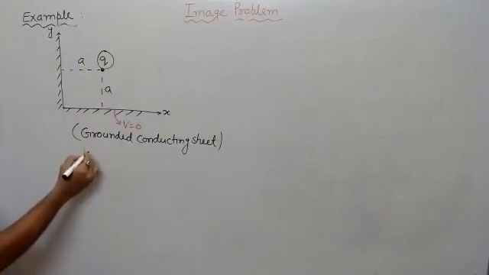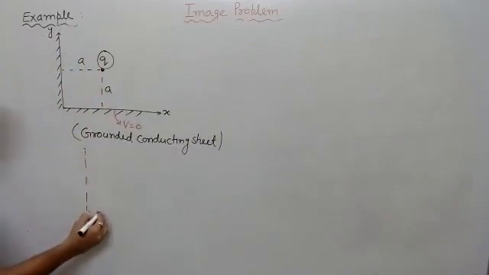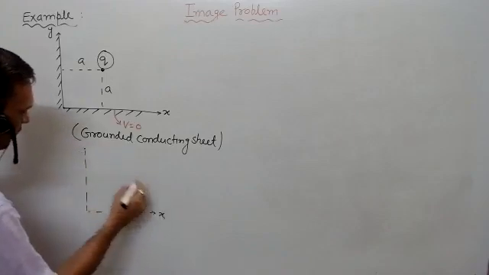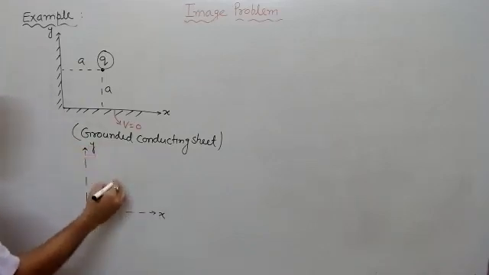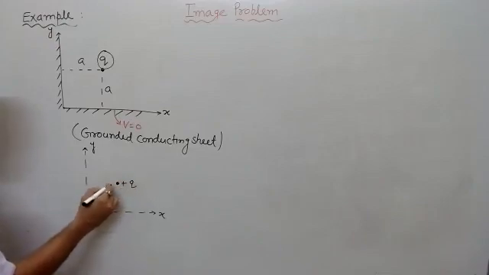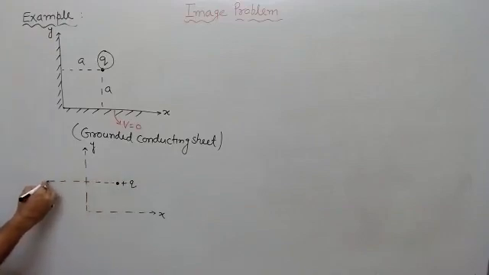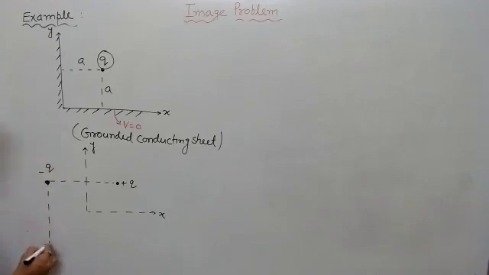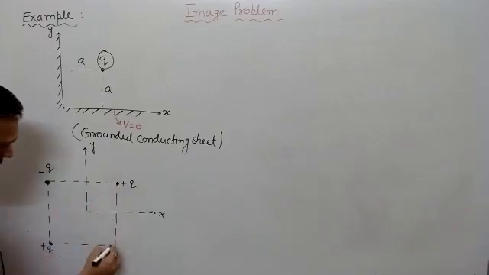So in this case, let us replace the conducting sheet. This is plus q charge. Now you will see there will be 3 image charges. This is minus q, then this will be plus q, and you have another charge minus q. This is the equivalent problem.